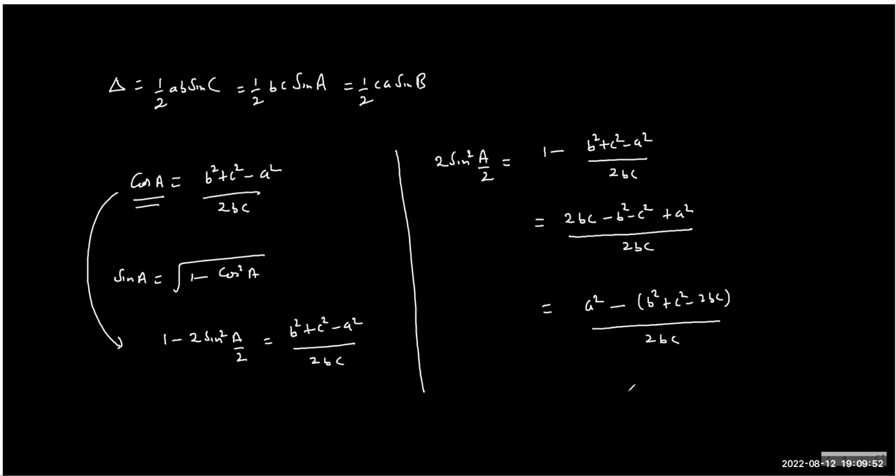Guys, tell me. Yes. And if you look carefully, this is A square minus (B minus C) whole square. And if you further rewrite, this is (A plus B minus C) into (A minus B plus C) upon 2BC. Okay, long process.